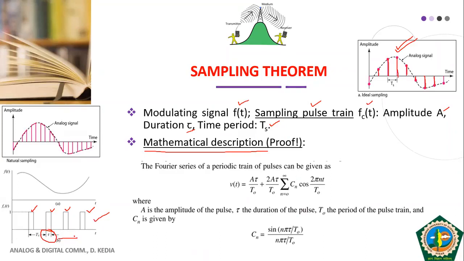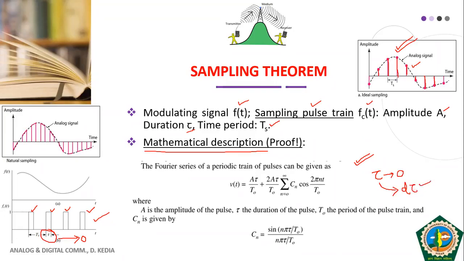And if you make this duration tend to 0, if the duration of the pulse becomes 0, then it becomes impulse. So in this analysis, or the proof of sampling theorem, if you make your time duration tau tend to 0, then your tau can be replaced with d tau.